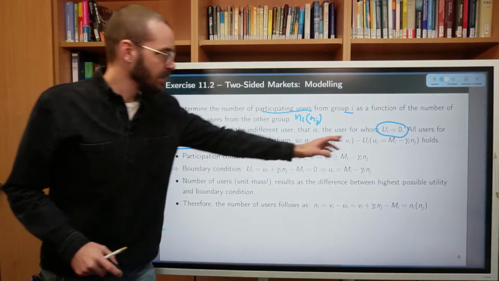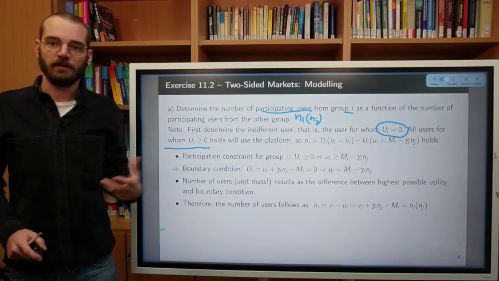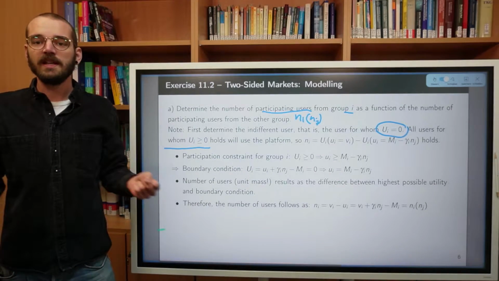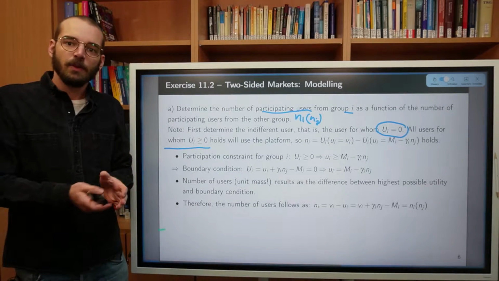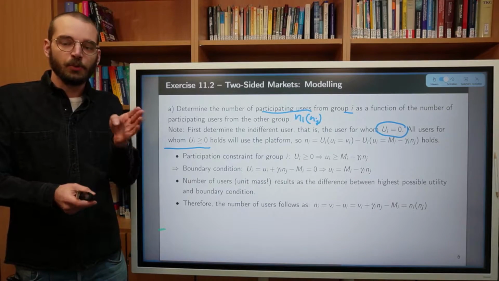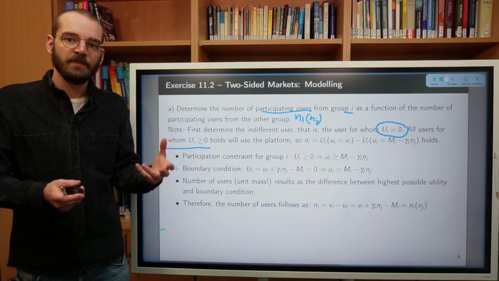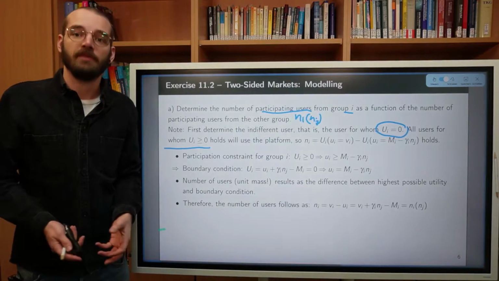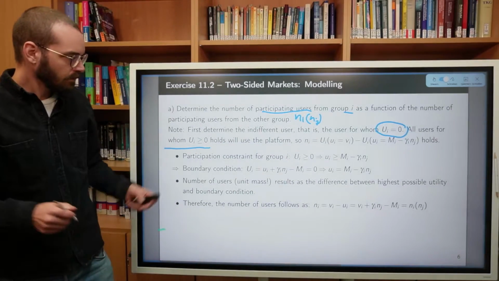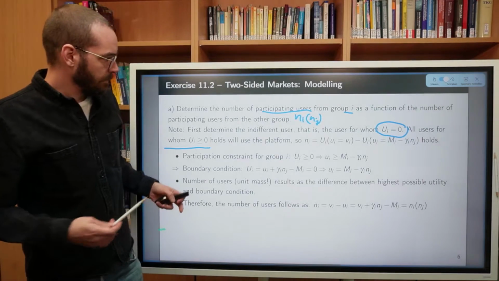So this indifferent user, or this indifferent value of utility, provides us with the border between participating and not participating, and can therefore inform the number of users of the platform.